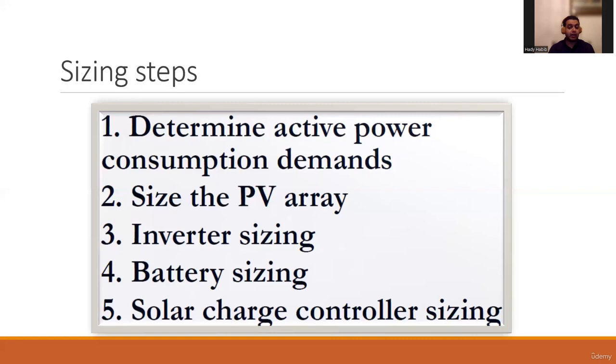And finally, we are going to size the solar charge controller. Sometimes people name the solar charge controller a DC-DC converter. It has the same meaning. It just stabilizes the DC voltage produced from the PV to a certain amount of voltage, 12 volt, 24 volt, 48 volt, and sometimes maybe in electric cars or so on, 96 volt.